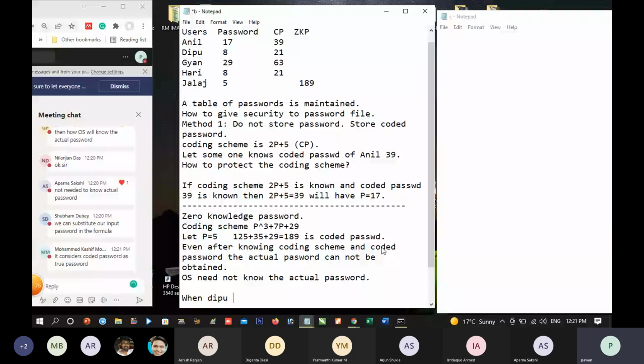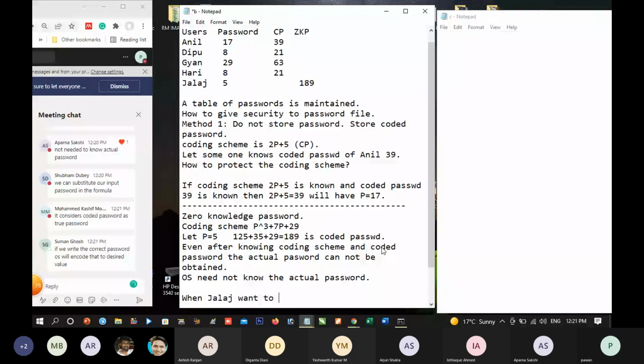When Jalaj wants to enter, to log in, he will give a password. That is correct. Suman has written it correctly. He will give a password.